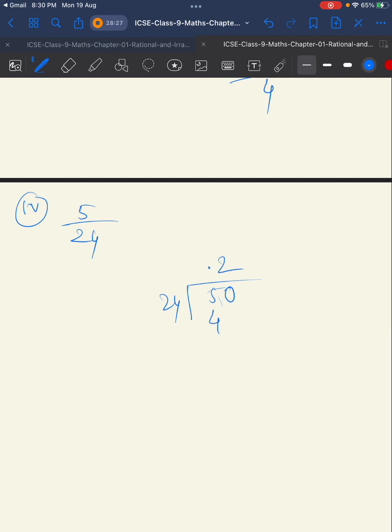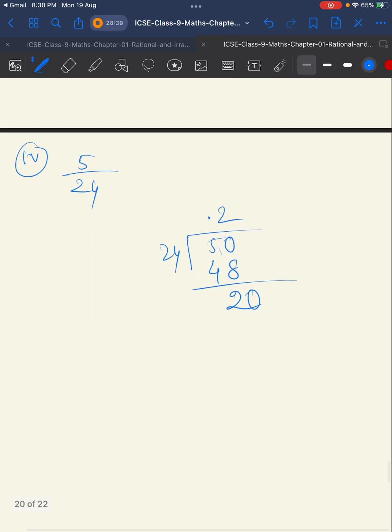So 24 2s are 48. 2, and for the point there will be 0. And also you see here 20 is lesser than 24, so we will take 0 in the quotient. So here will be 0.